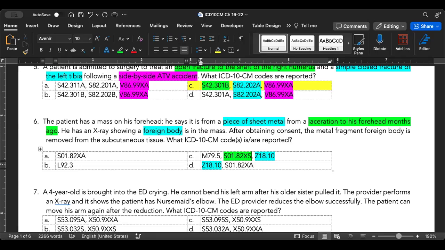Okay. So the last code that we need is actually going to be another foreign body code. Okay. So we're going to go to foreign body.